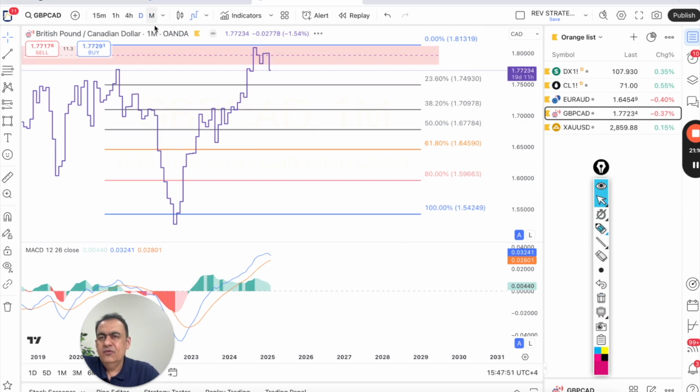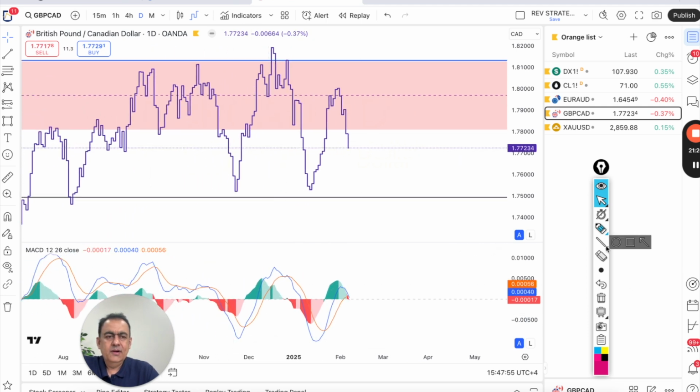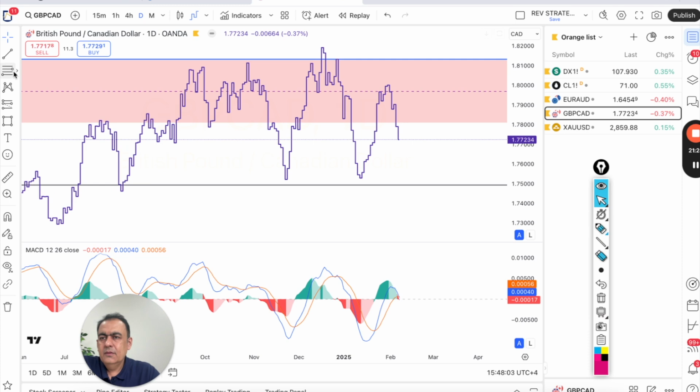Now let's move to daily. Now on the daily chart, the environment has turned bearish, even on the MACD histogram and MACD lines. And I'm going to use an ABC Fib extension in the bearish direction.